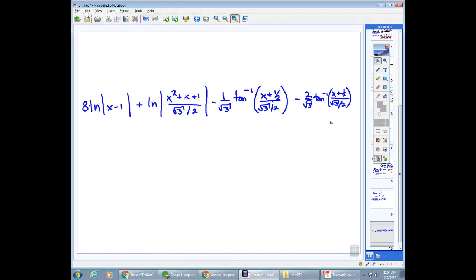Okay, so let's see. We can clean this up a little bit. These two combine. That's going to be, just thinking about those coefficients, -3 over the square root of 3. And if you rationalize the denominator, that's negative square root of 3.